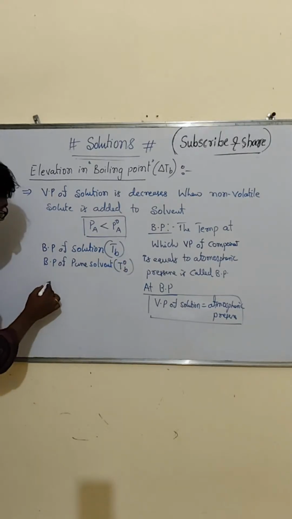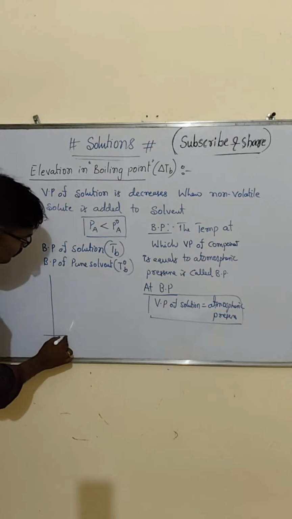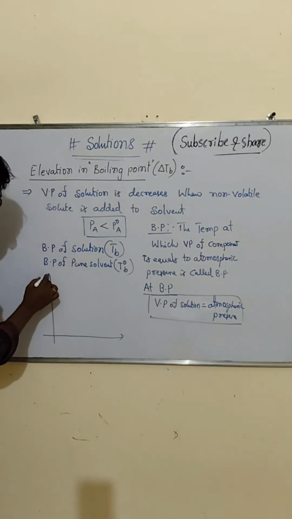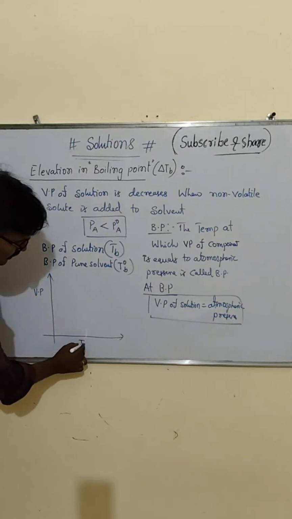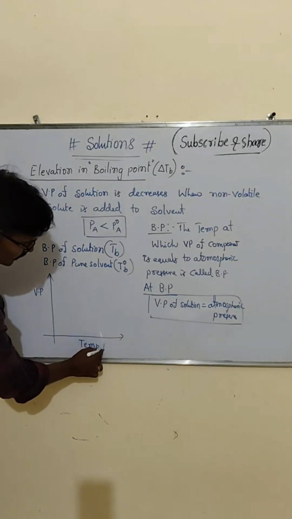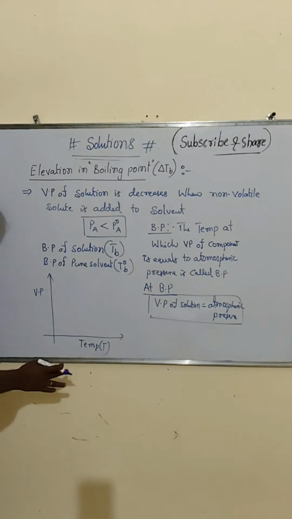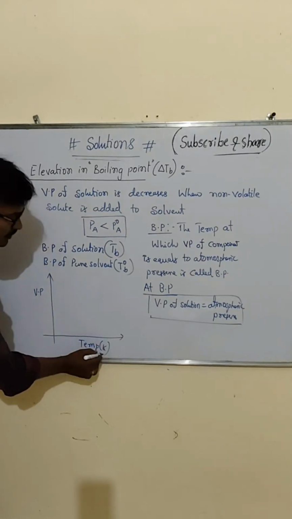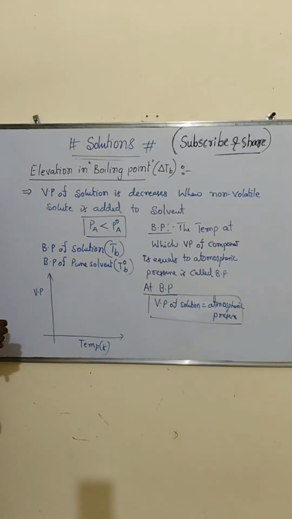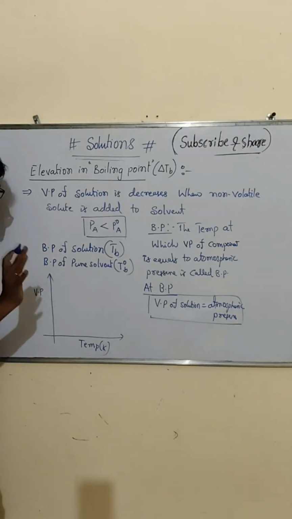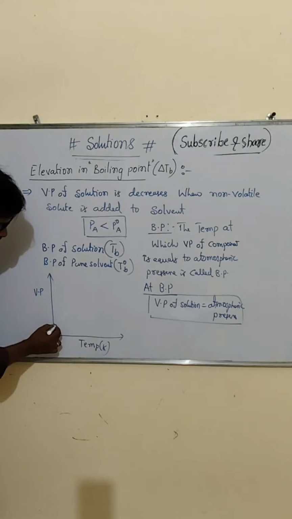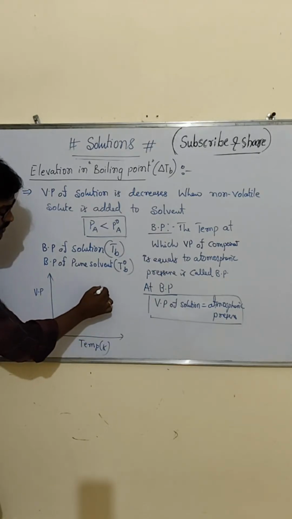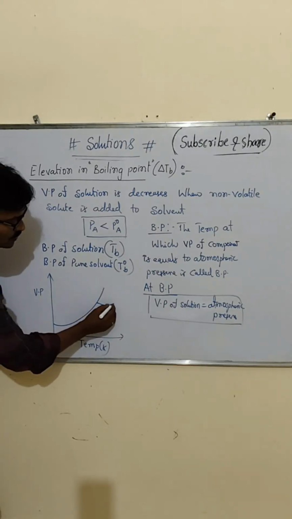Look, for both we are taking the graph. This is the vapor pressure, this is the temperature in kelvins. So first we take the graph for the vapor pressure of solvent. We got a curve like this; this is for the solvent, just assume it.